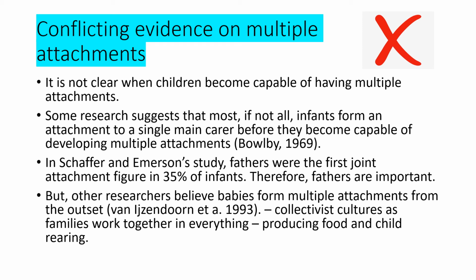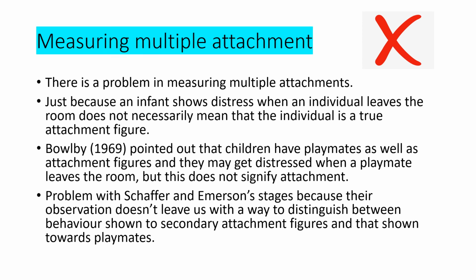So the father is important, but these results are different in terms of what they found in their research. And then we've got other researchers who believe babies form multiple attachments from the outset, so Van Eysendorn. So we've got quite a lot of conflicting evidence on multiple attachments. This is a limitation.